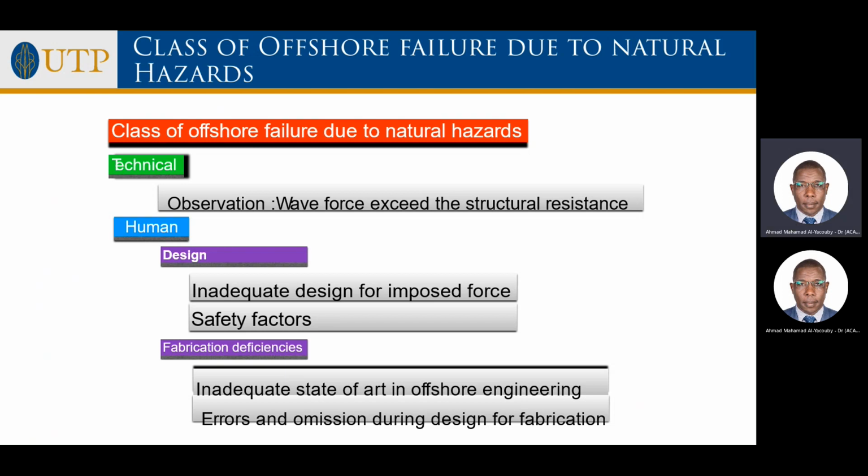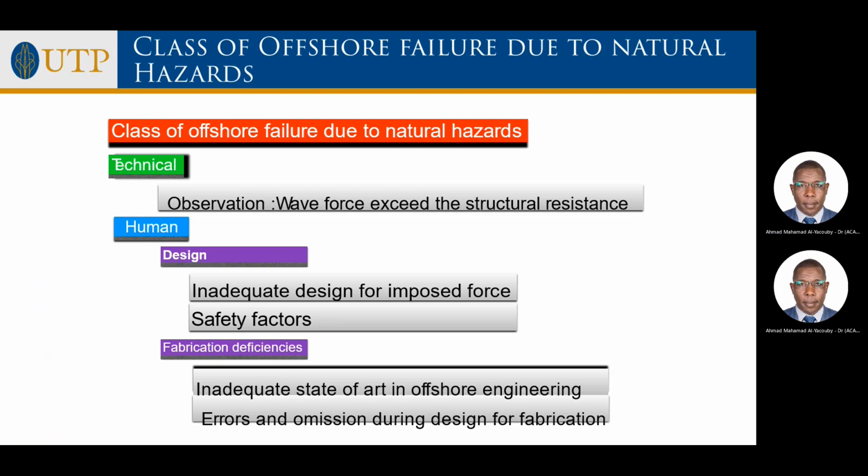As we can see, the modes of failure of offshore structures can be broadly classified as technical failure. A good example is when the loads are underestimated. So if the failure is due to underestimated load, this can be an example of technical failure. Then there is human error, which can again be classified into two categories.